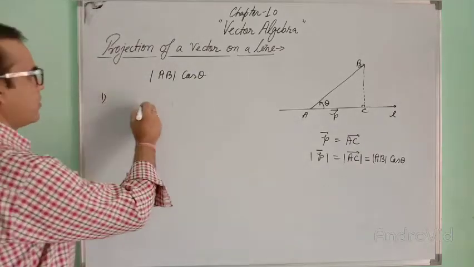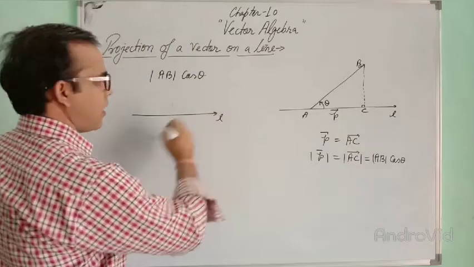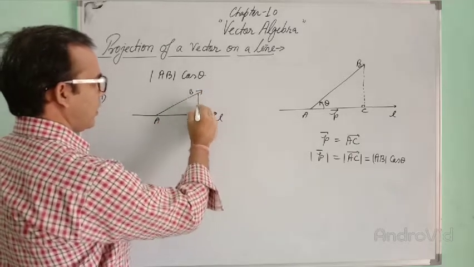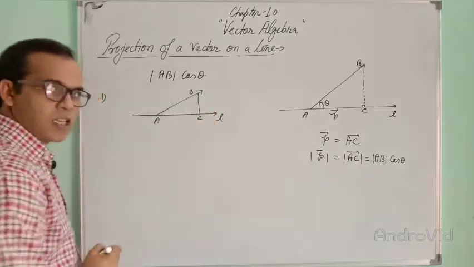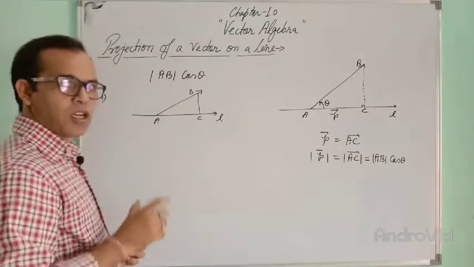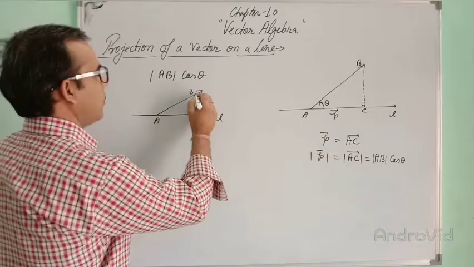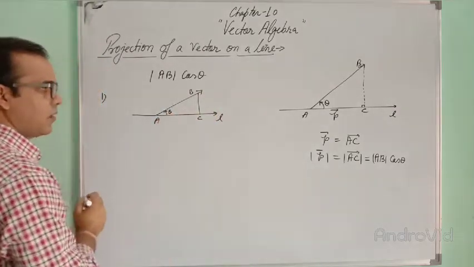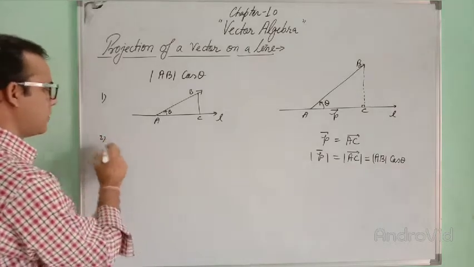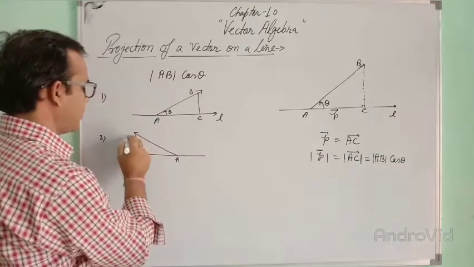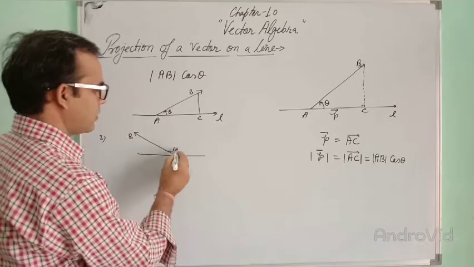First case is the same. This is the line L and this is AB. AC will be the projection. AC vector is the projection vector, and AC will be the projection of this vector AB. This is angle theta. So this is the case. Now the second case, AB vector is shown in this figure like this, and theta is this obtuse angle.